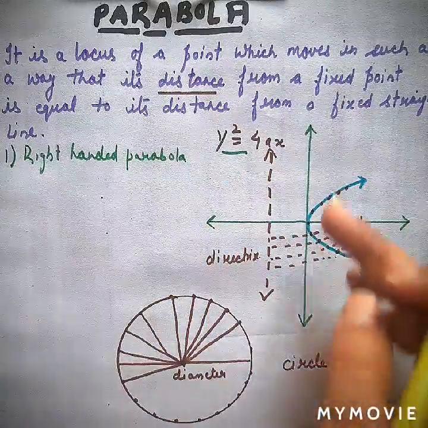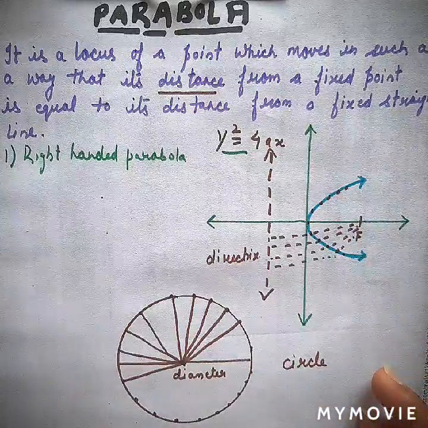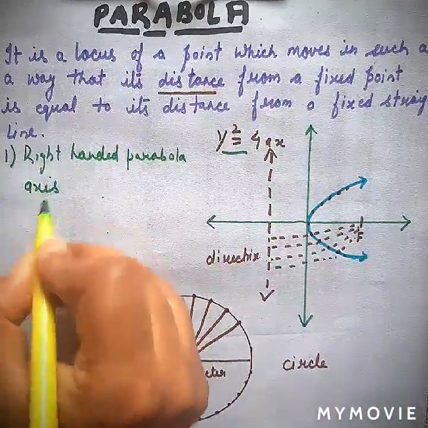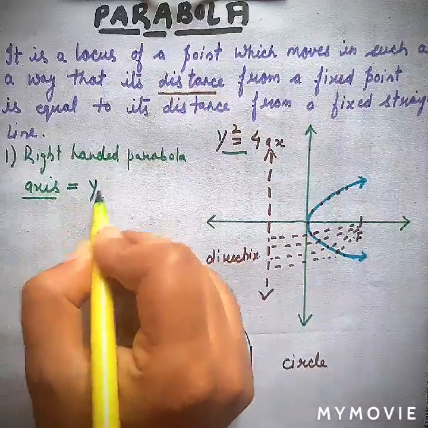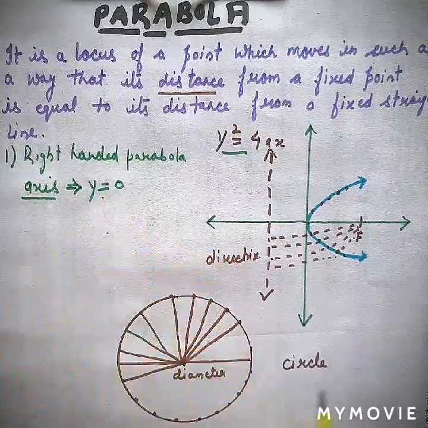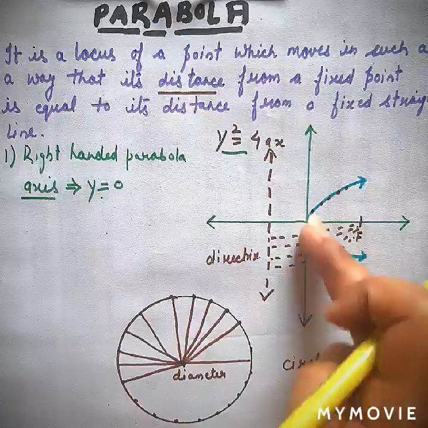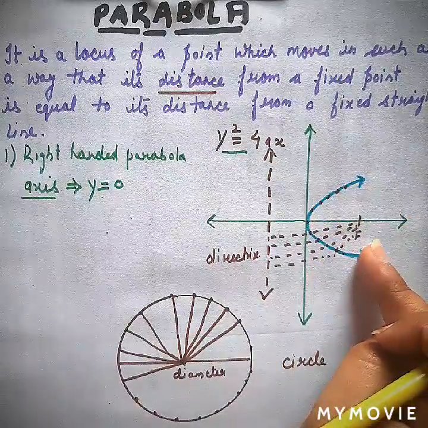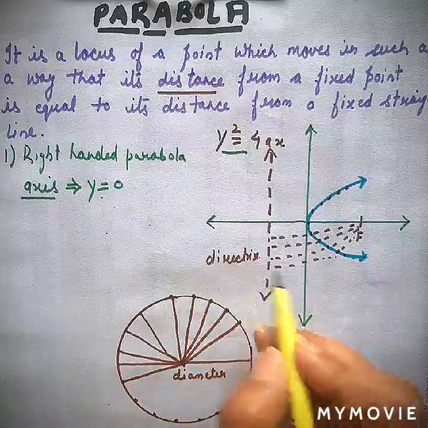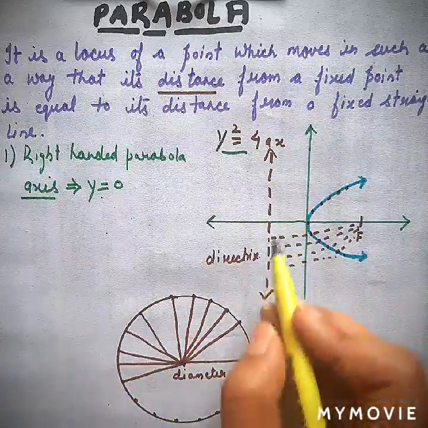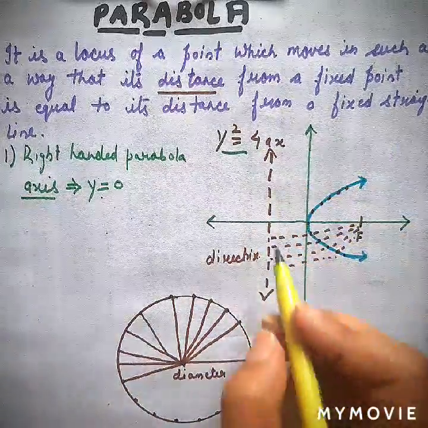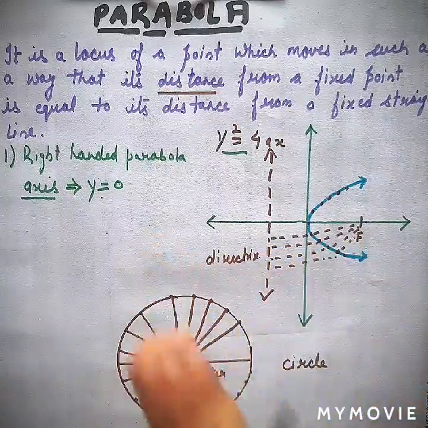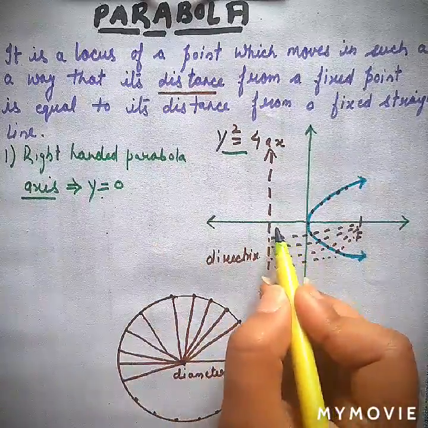Here the axis of this parabola will be y is equal to 0, because we are drawing our parabola along the x-axis. And I have already mentioned the equation of the directrix. It will have a value of x, and on the left side of the y-axis we have the negative values.